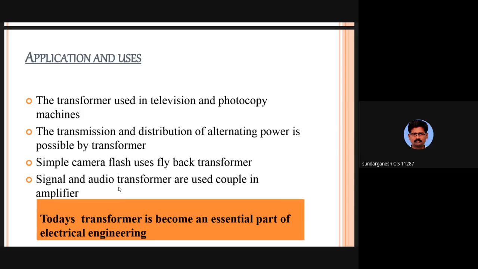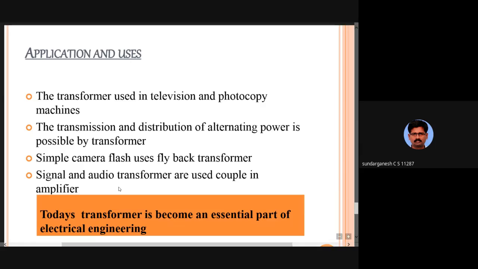Power comes from the electrical post, and all the electrical posts are connected to a transformer. That is a distribution transformer. Similarly, on the transmission side you have big transformers, called transmission transformers. So transformers are widely used and are an essential part of all electrical engineering.